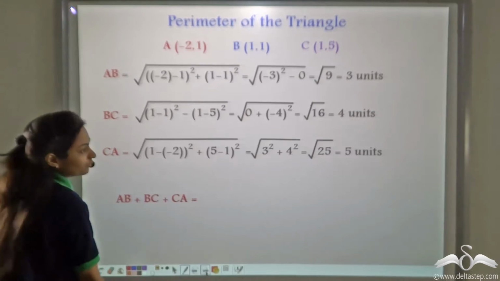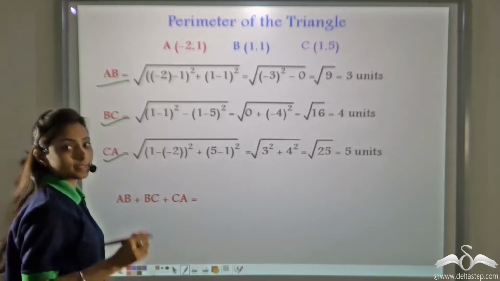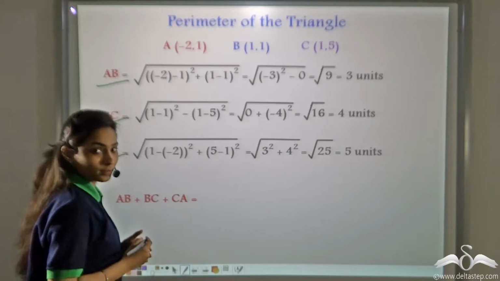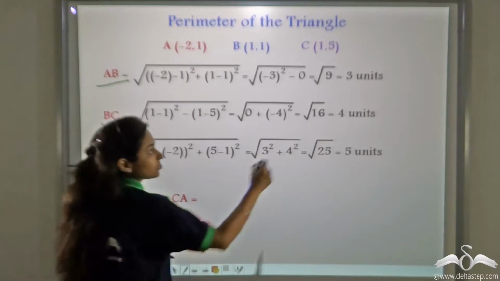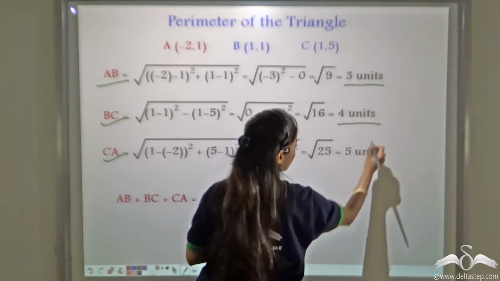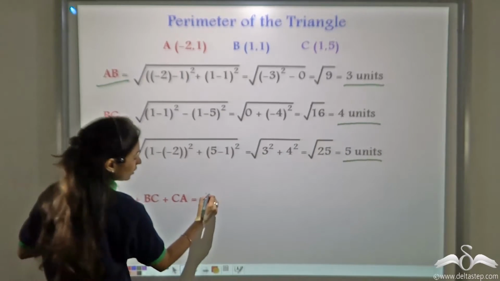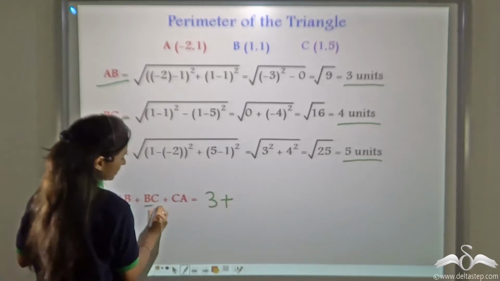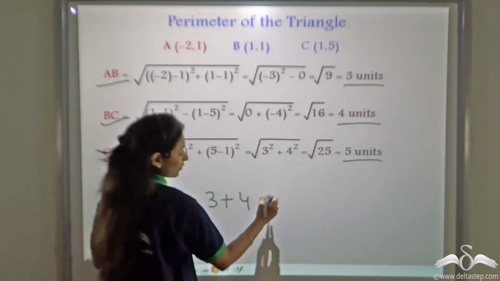So we have successfully found AB, BC and CA, that is the 3 sides of the triangle. Now in order to find the perimeter, we will add the 3 sides: AB, that is 3 units, plus BC, that is 4 units, plus CA, that is 5 units.